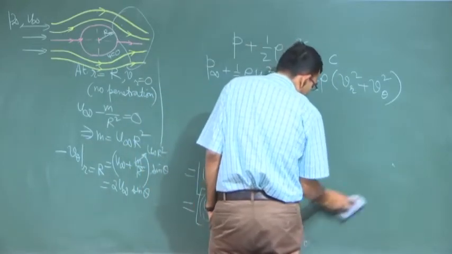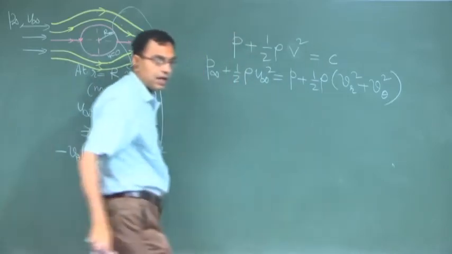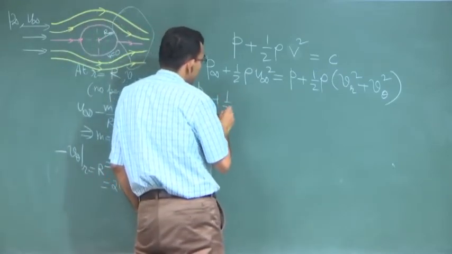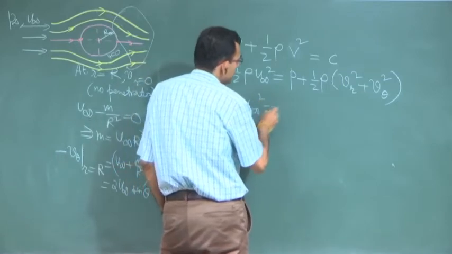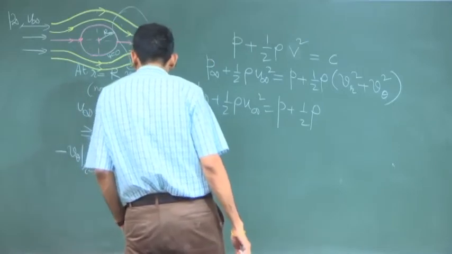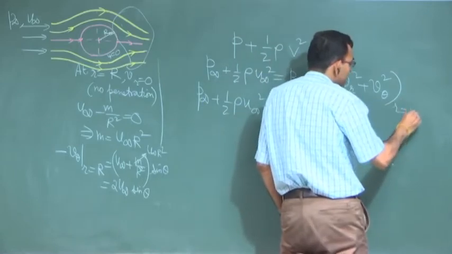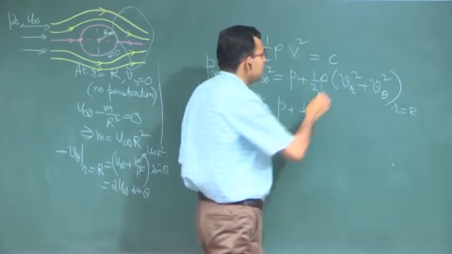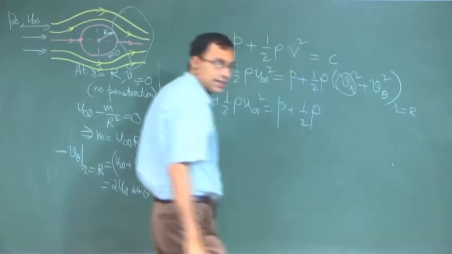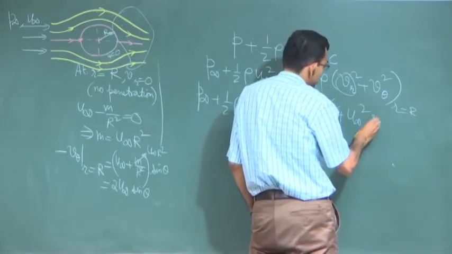This P we are calculating on the surface of the cylinder, that means small r equal to capital R. So P infinity plus half rho u infinity square is equal to P plus half rho times, at the surface of the cylinder, V r is 0 and V theta is minus 2 u infinity sin theta. So this is 4 u infinity square sin square theta.